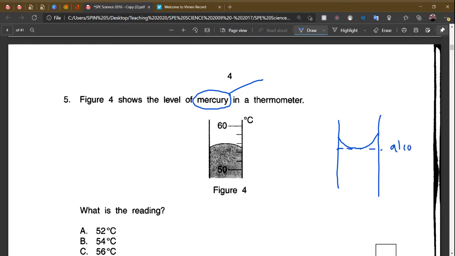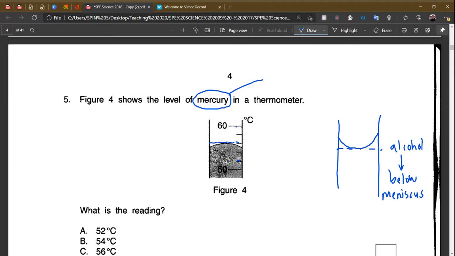So if alcohol, we read them below meniscus. But since this one it's above meniscus, you just count, you have 60 and 50 here, and in between you have 1 2 3 4 5.